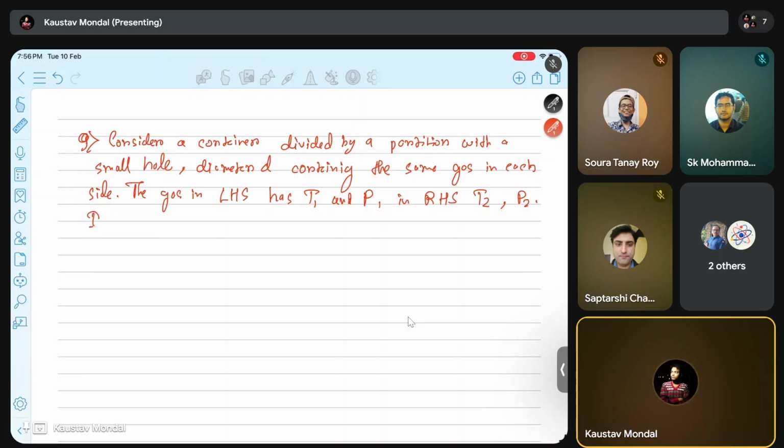Now if d is much smaller than lambda, that means you already identify that problem as a molecular effusion problem, okay.